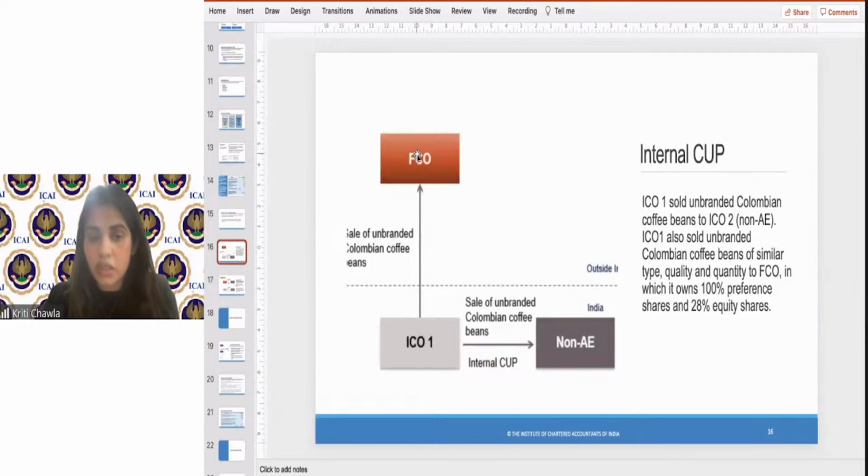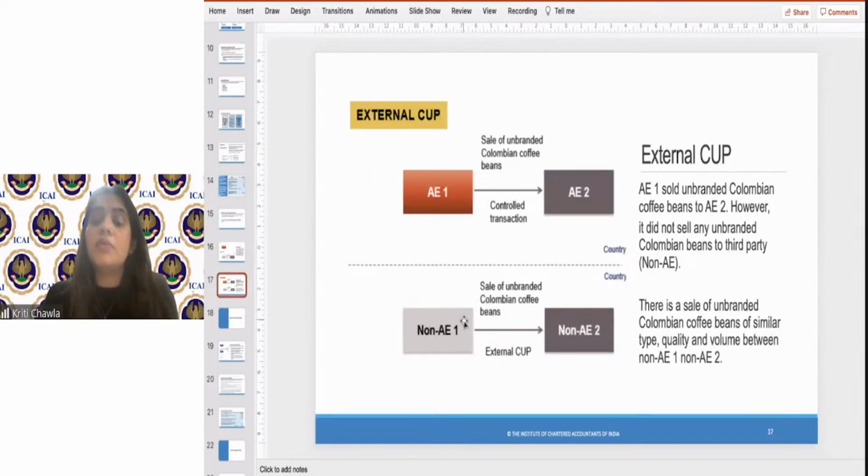This is selling to a related party and this is selling to a non-related party. So this is an internal situation and this is called internal comparable. But in external comparable, you have two external parties involved, and hence this is called external comparable, because in this particular situation, no internal party is involved.